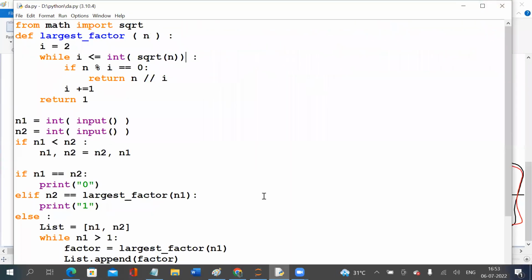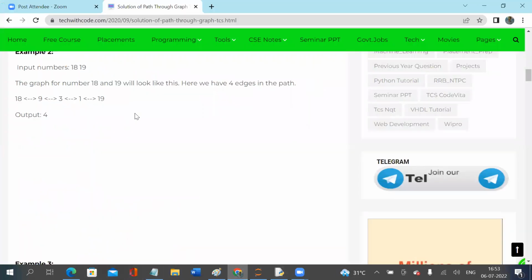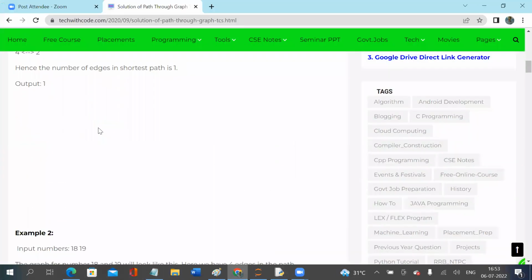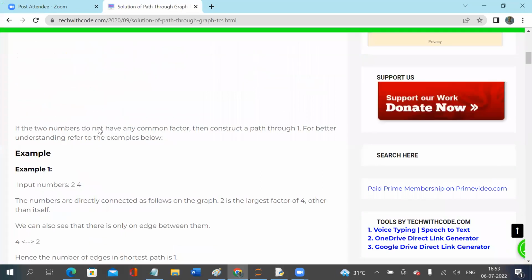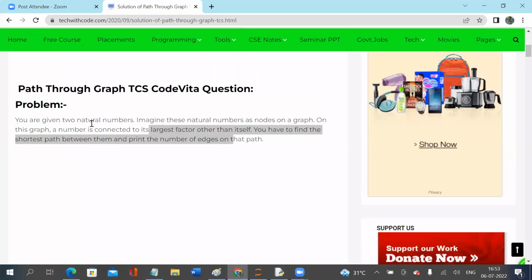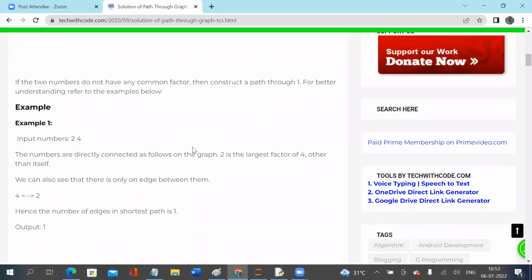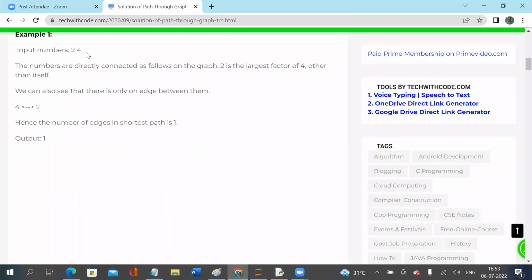This is how you solve the problems of coding competitions. Don't worry about the problem statement. If you don't understand it, leave it. Come to test cases. 2 and 4. 4 appeared first, swap. For 4 and 2, output is 1.